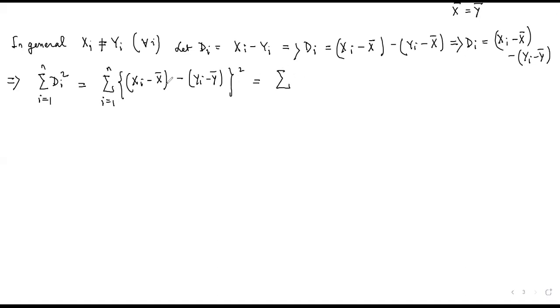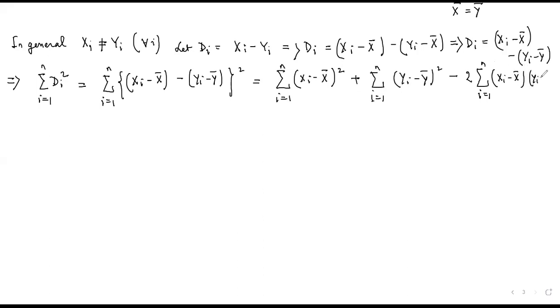So if I break it in this manner and operate the summation on individual terms, we are going to get: summation over i (xi minus x bar) whole square plus summation over i (yi minus y bar) whole square minus twice summation over i (xi minus x bar) into (yi minus y bar).